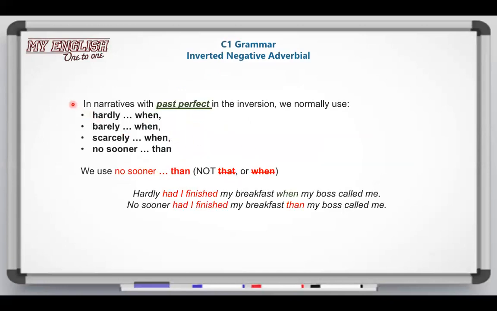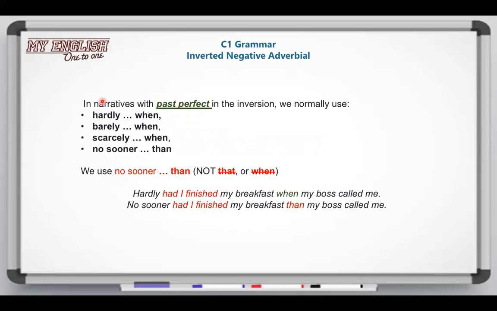Okay, so in narratives with past perfect, well, when we say the expression narratives, we're talking about the past, basically. When you share a story, something that happened to you, that's called a narrative. You use basically all the forms of the past. One of them is the past perfect.